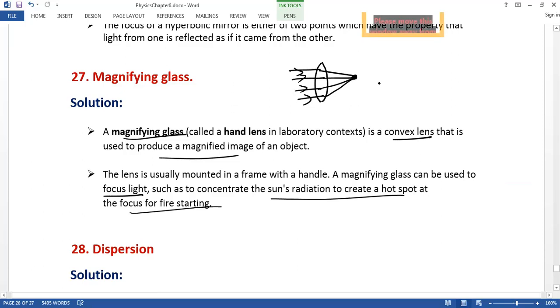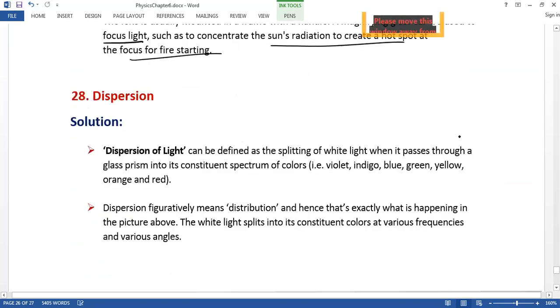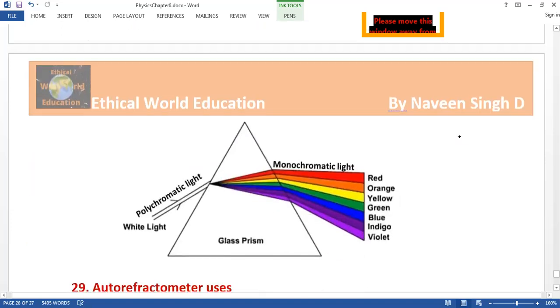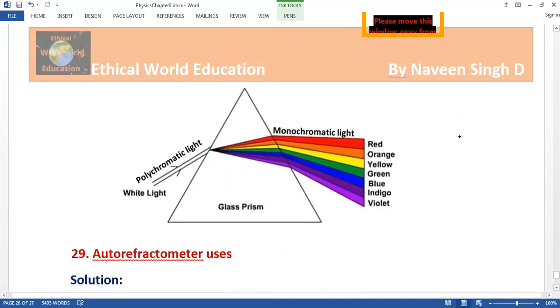Now let us move on to the next one, that is dispersion. This is the phenomenon of dispersion. This triangular shape is called a glass prism.